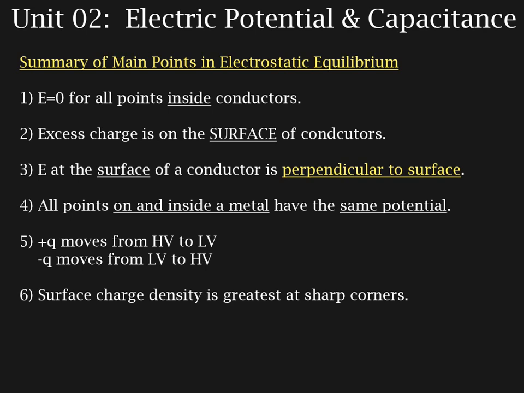Now, point number two, excess charge is going to be on the surface of conductors. And this really goes back to our basic fundamental understanding of what it means to charge something, even from last year. The only charges which are free to move about are going to be electrons when we're talking about solids.